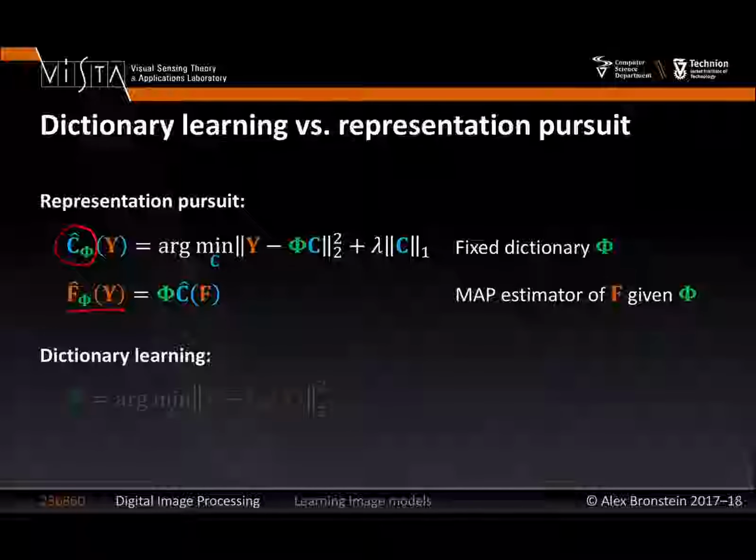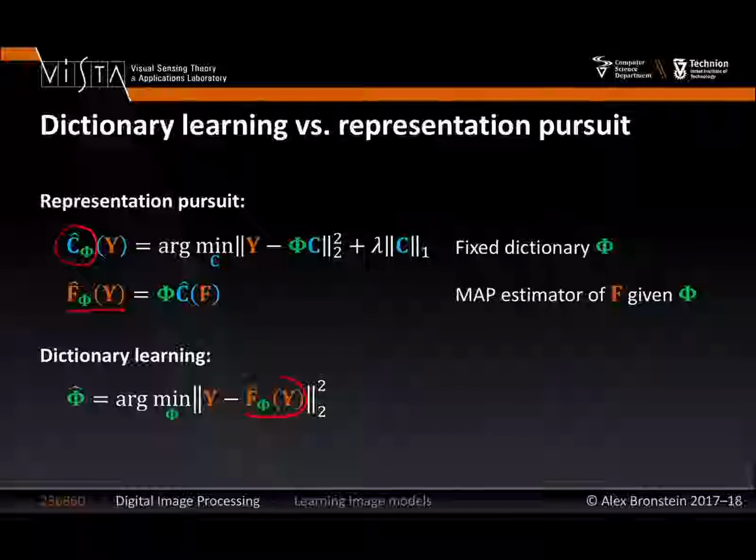Okay. What we have in dictionary learning is we also minimize over this dictionary. So you can think of what we had previously as conditioned on the dictionary. Now we are also minimizing over this dictionary. You can think of it as an ML estimator of phi, unless you put some prior on phi.